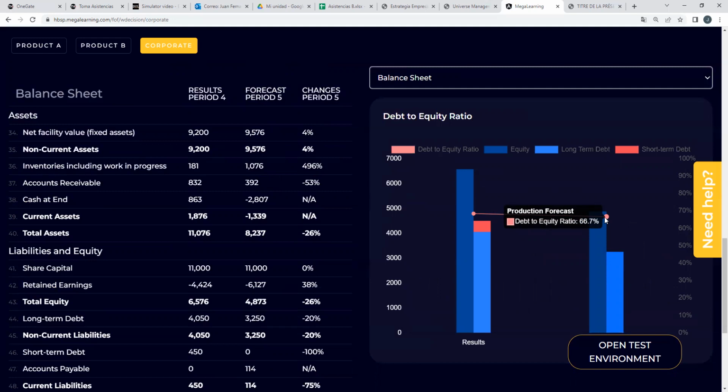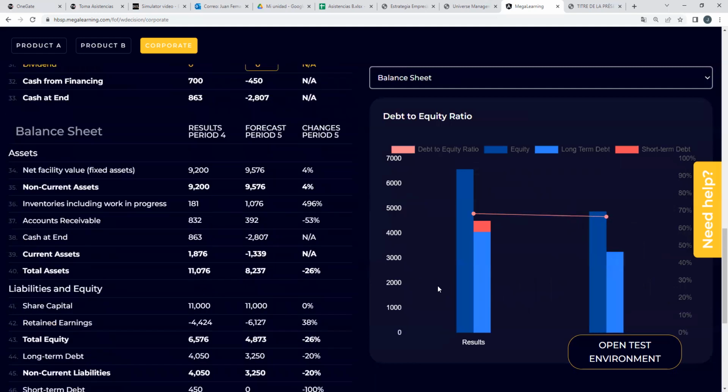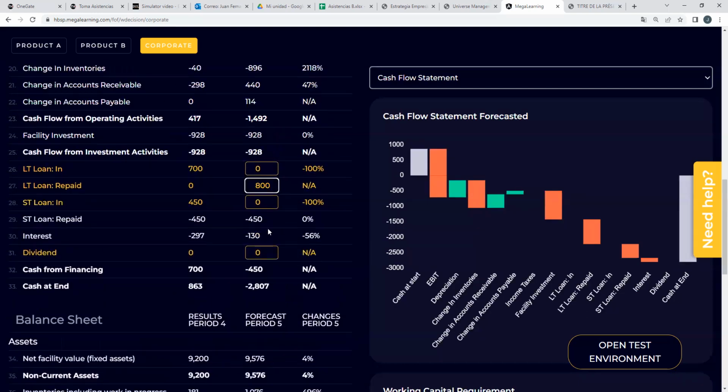And this one, dividend: at the beginning of the game, you guys cannot pay dividends. Because what is the meaning of dividend? It's the way to distribute the profits of the company with investors, with stockholders.